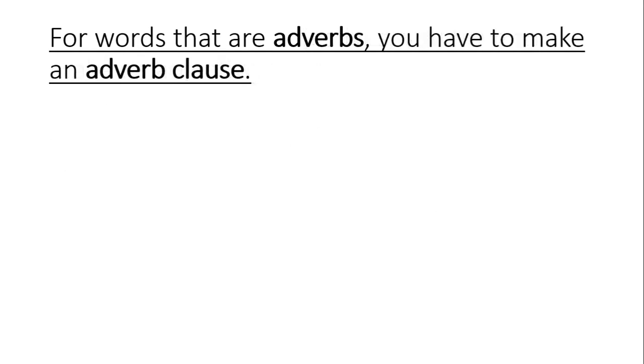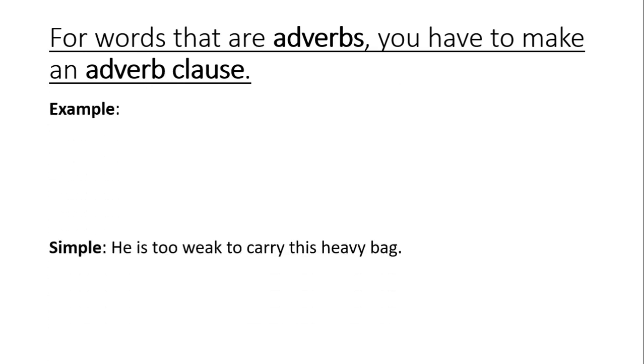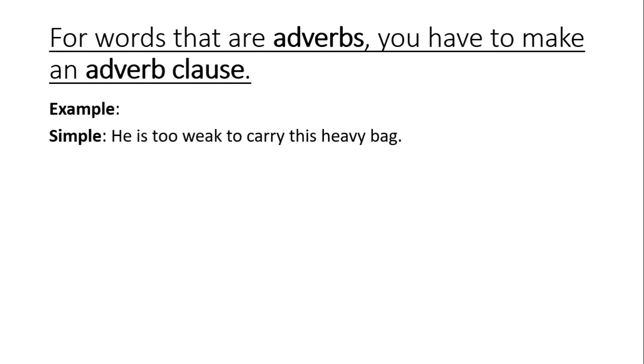For words that are adverbs, you have to make an adverb clause. If you have adverbs in the simple sentence, then you have to make an adverb clause. Okay? So here you have an example. He is too weak to carry this heavy bag.